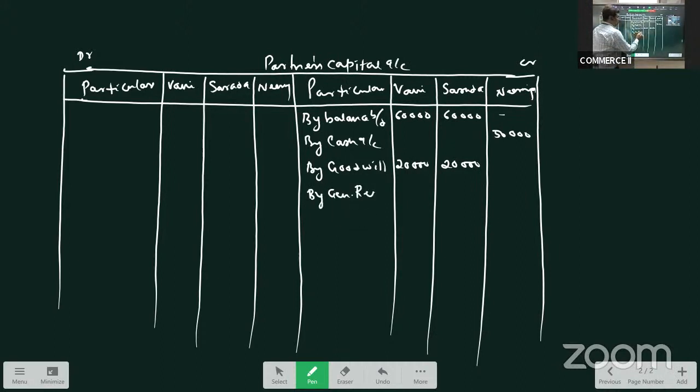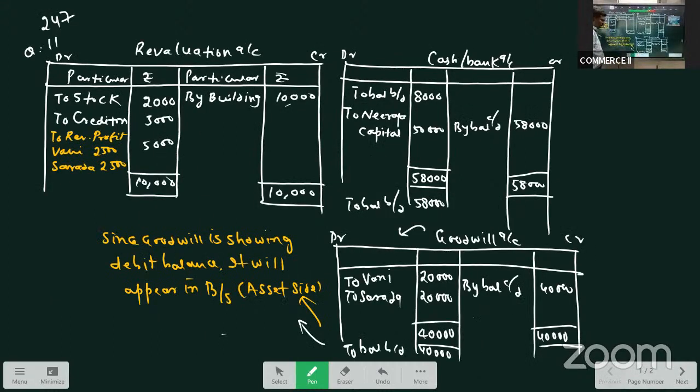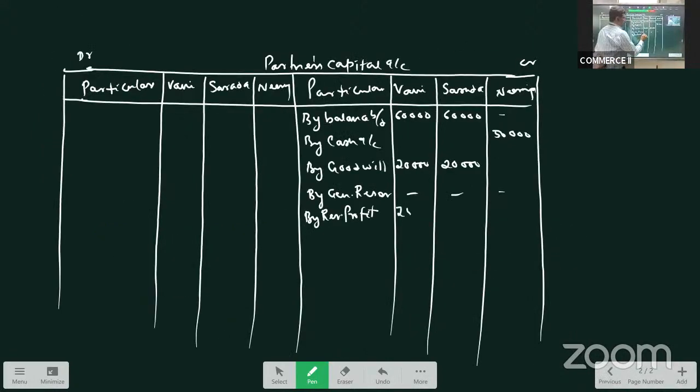Then we have revaluation profit. We prepared the revaluation account and had a profit of 5,000, which was credited equally among both the partners, 2,500 and 2,500. Anything else? Any accumulated profit or loss is not there.